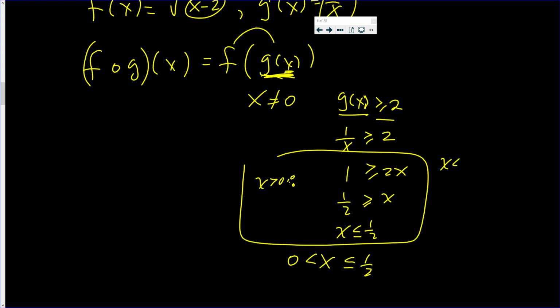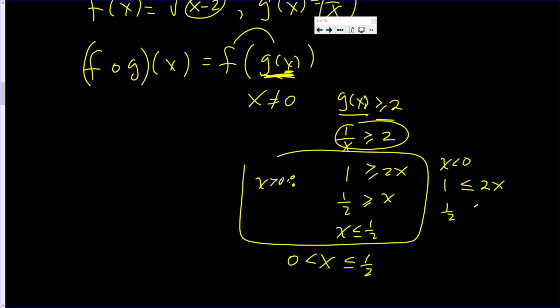What if x is less than 0? And we still have this. So I multiply both sides by x, and I get that 1 is less than or equal to 2x. Because if x is less than 0, then x is negative, and if you multiply both sides by a negative value, you have to change the direction of the inequality sign.